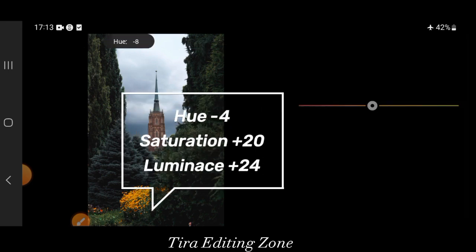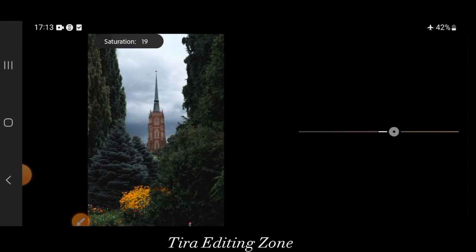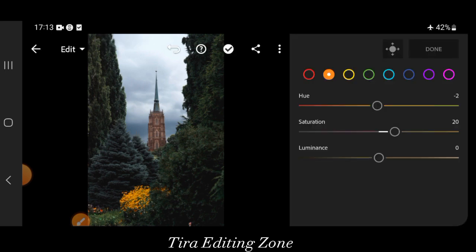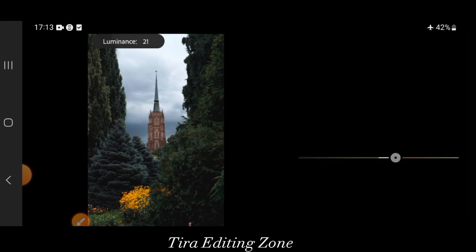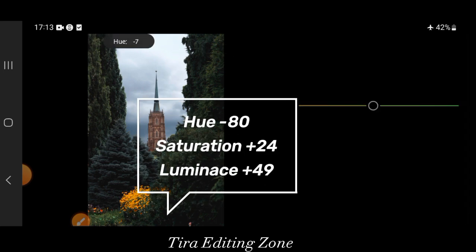Hue minus 4, saturation plus 20, luminance plus 24. Minus 80 saturation, plus 2 luminance plus 49.